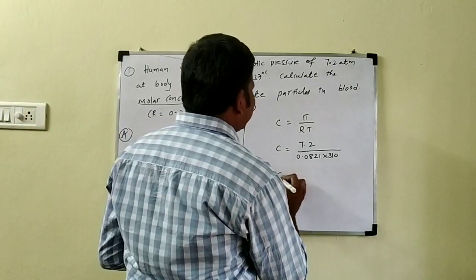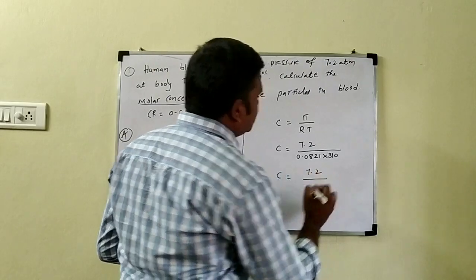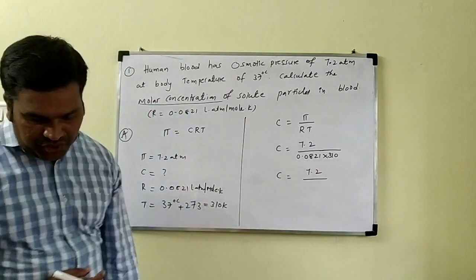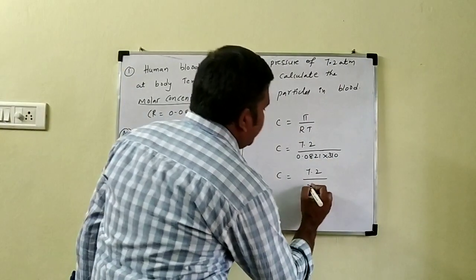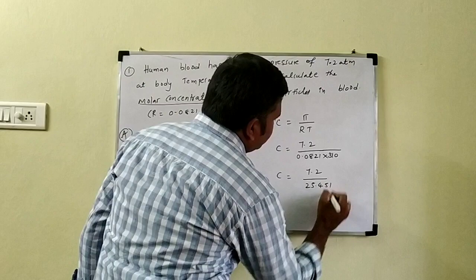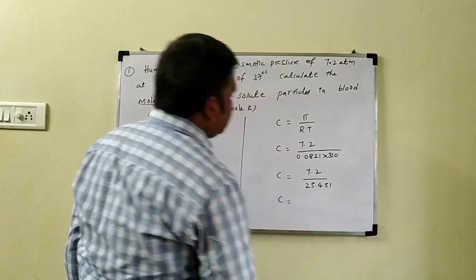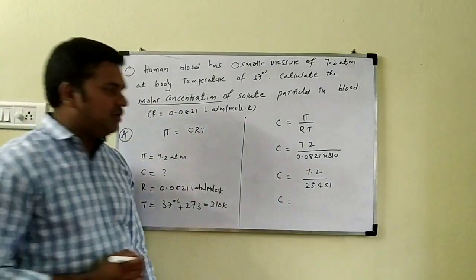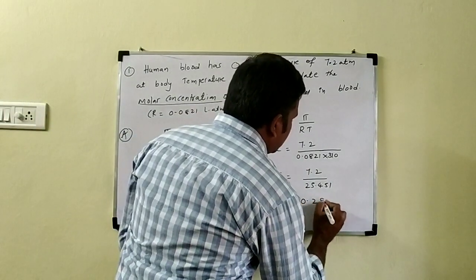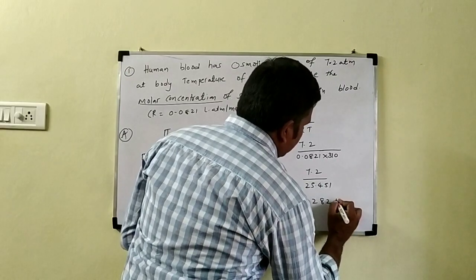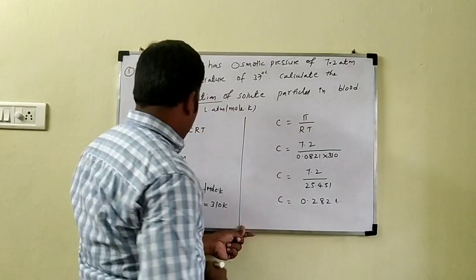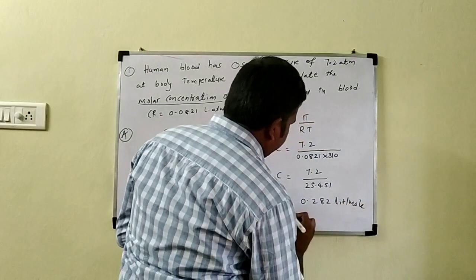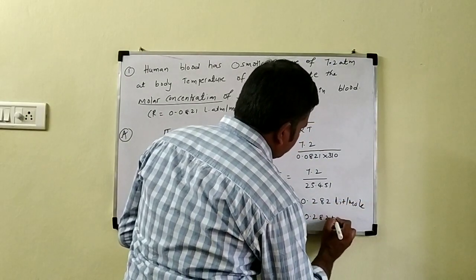Now we write C is equal to 7.2 by 0.0821 into 310. So we get the value 25.451. If you do the calculation, 7.2 by 25.451, you will get 0.282 liter per mole, or you write 0.282 molar.